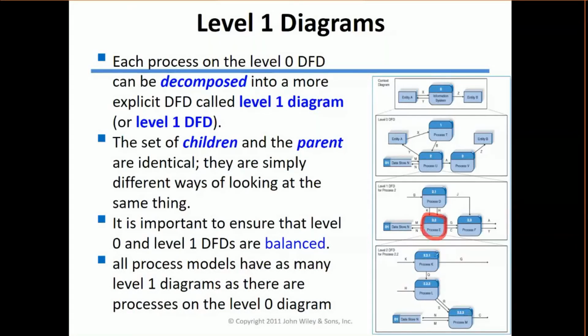The further decomposition will be .1, .2, .3. And now again to the 2.2, you see there are three inputs, which are K, H and M. These inputs should be there.